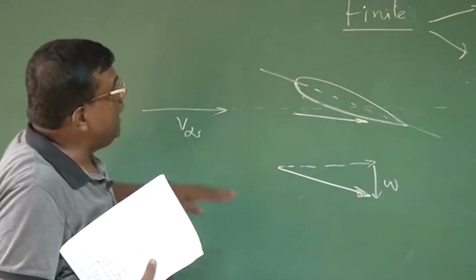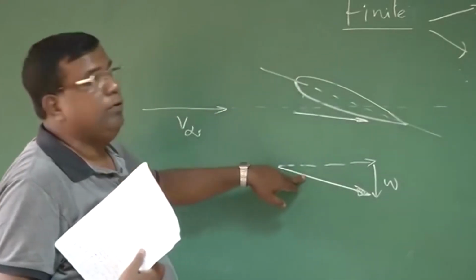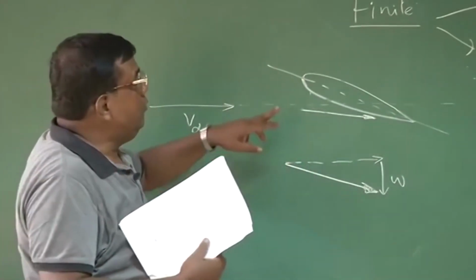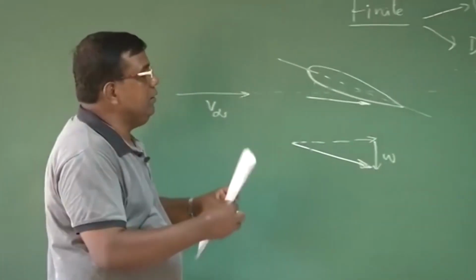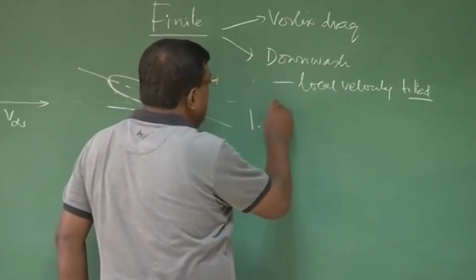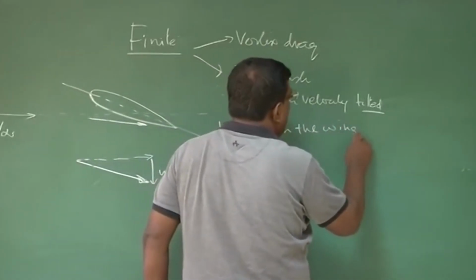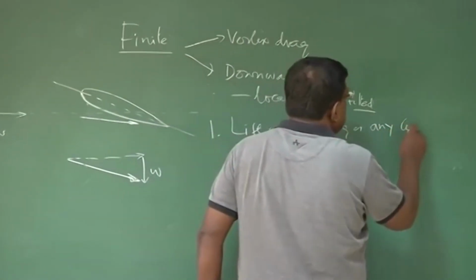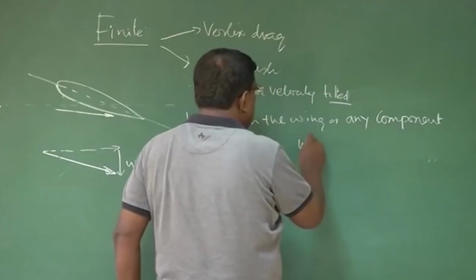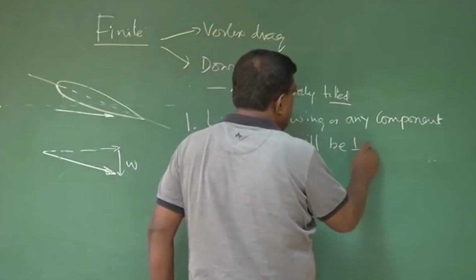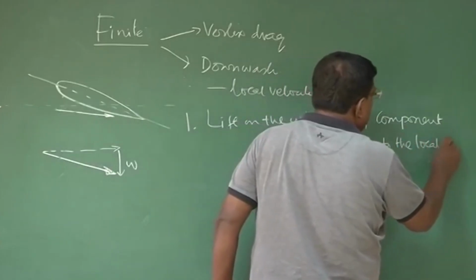Now the question is, when I try to find lift on this wing, the lift will be perpendicular to the local flow condition. But we define drag and lift of the whole airplane based on free stream condition. This is very important, and is to be noted down. The lift on the wing or any component will be perpendicular to the local velocity.